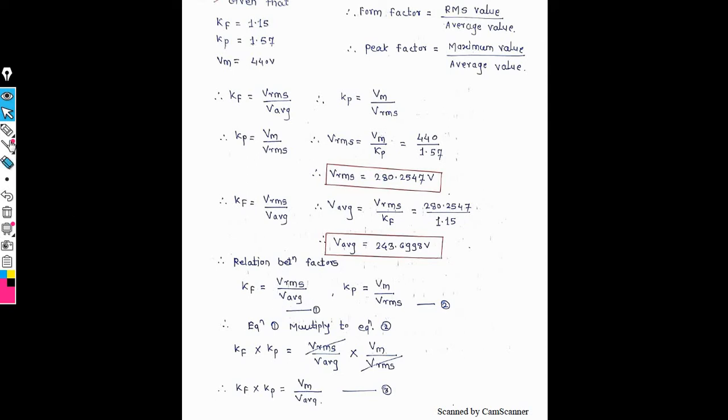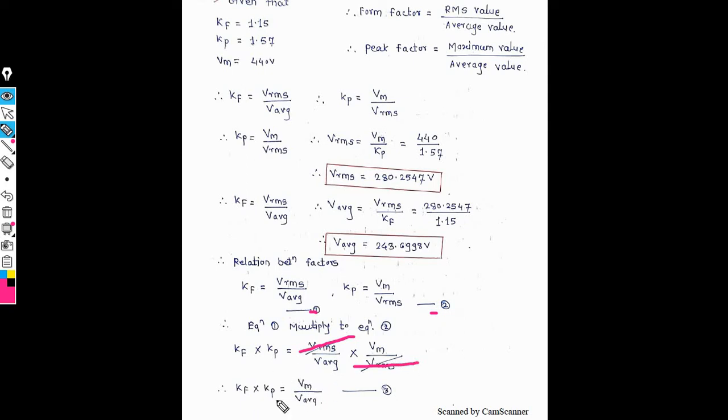This is equation number 1 and this is equation number 2. Multiplying equation 1 by equation 2, Kf into Kp is Vrms upon V average into Vm upon Vrms. Then Vrms gets cancelled, leaving Vm upon V average.